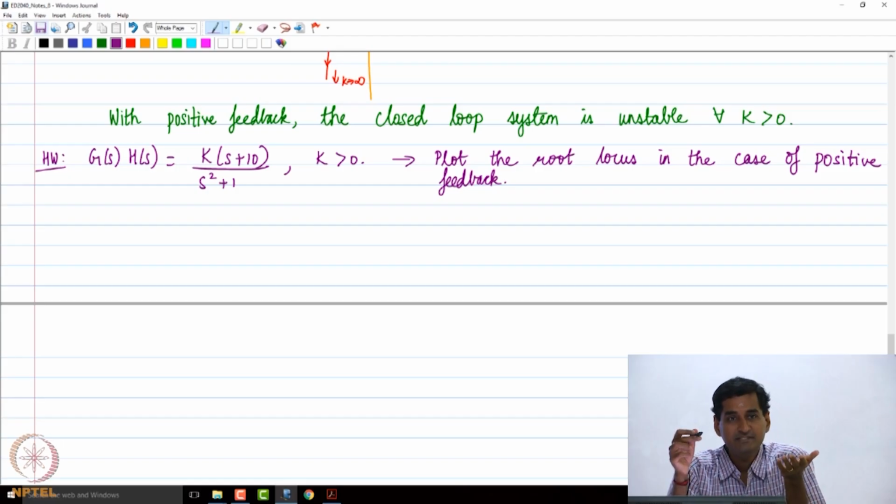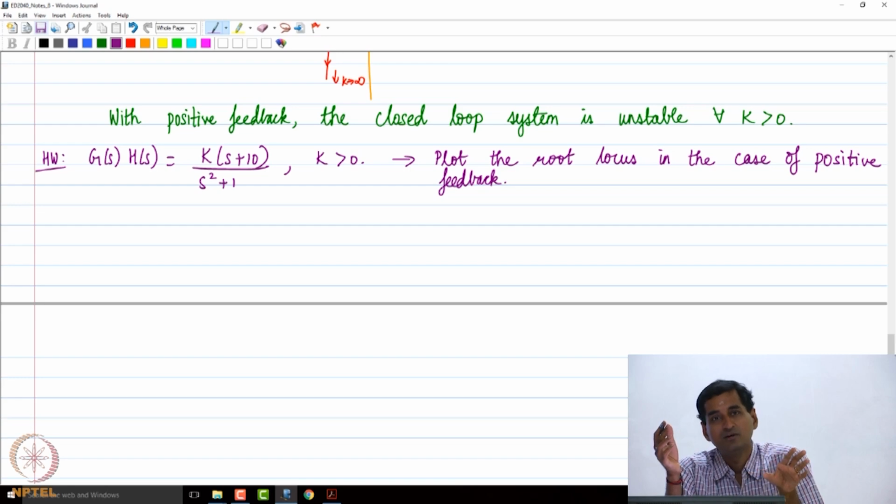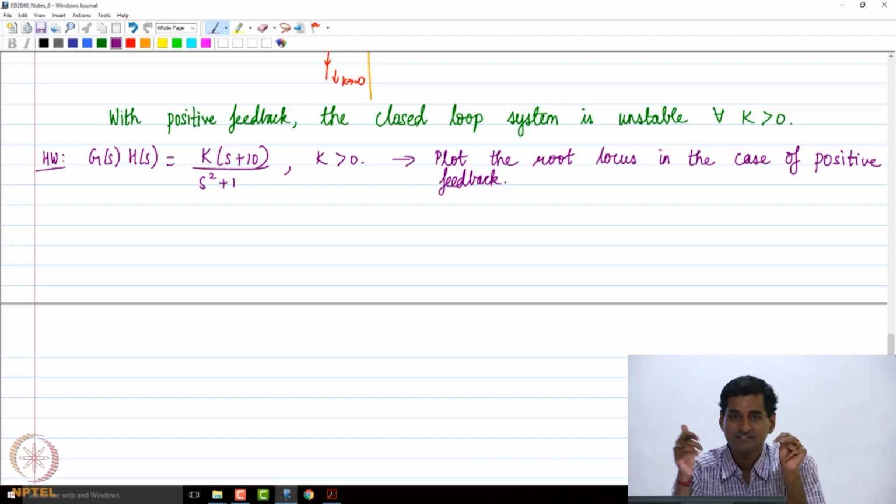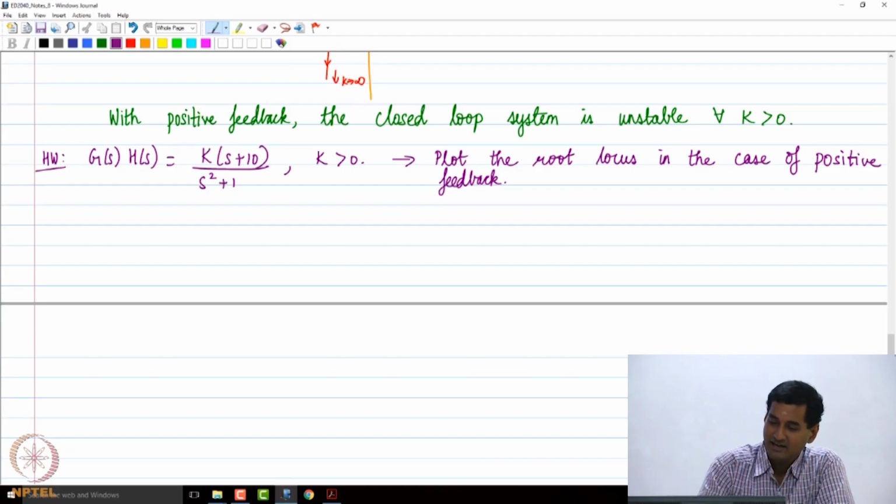So now the question is, it's a real number, so it can have both positive and negative values, but till now we have only plotted the root locus for positive values of the parameter K. What happens when you have negative values? That's something which we are going to ask ourselves now.